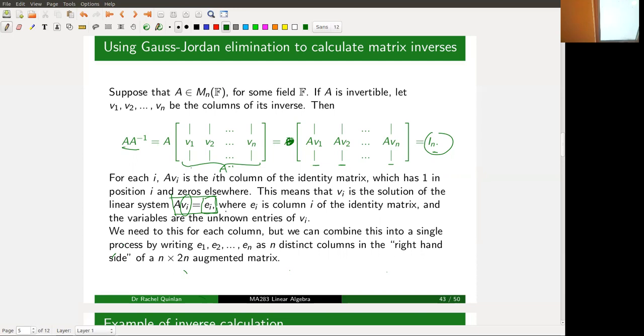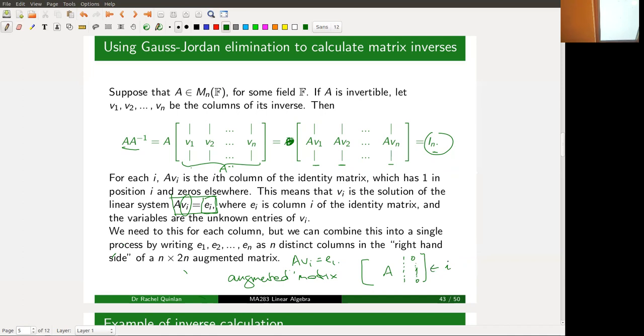So the augmented matrix of this system, A vi equals ei, has A in the first n columns, and in the last column it has a bunch of 0s, a 1 in position i, and that's it. So essentially, in the right-hand column we have 0, a 1 in position i, and 0 everywhere else.